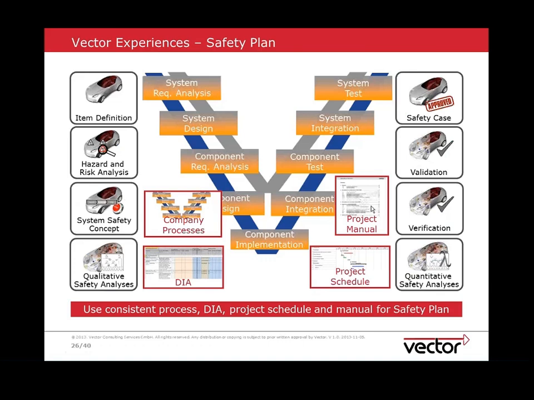The benefit of a consistent process, which of course should be tailorable, is clearly that independent of the specific activity, like a late requirement change, the activities related to functional safety would always be consistently implemented.